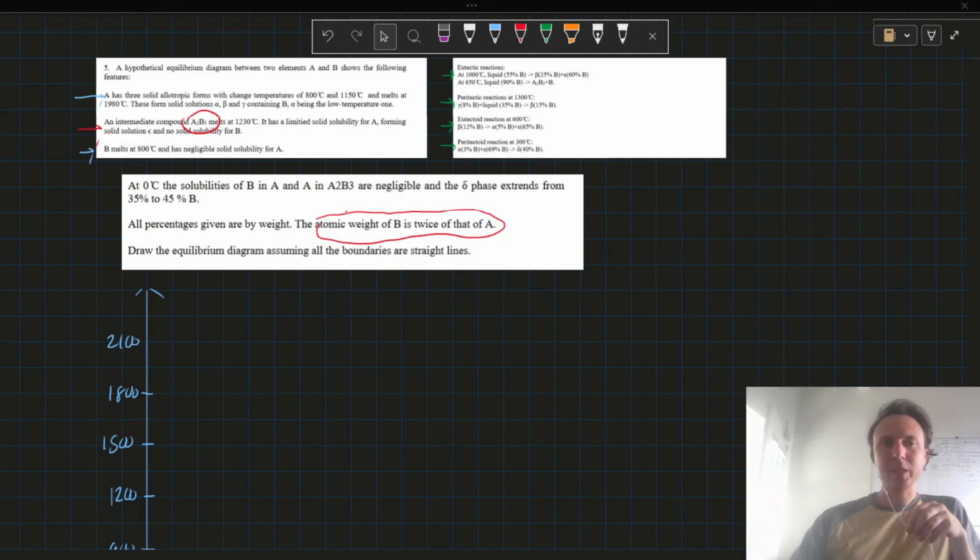So we have the mole fraction of A to B, and we need to get the weight percent. So that'll end up being, we're going to use the stoichiometric ratios.